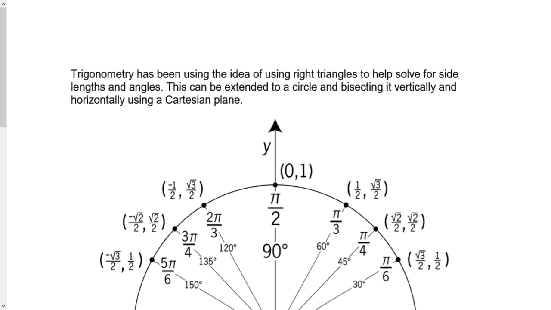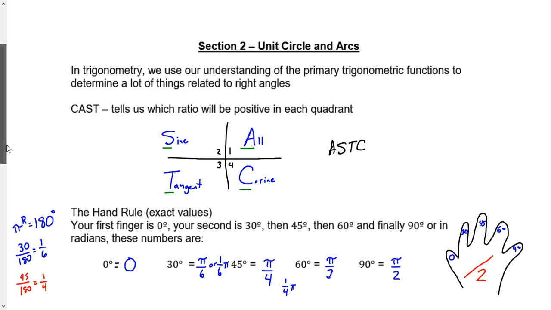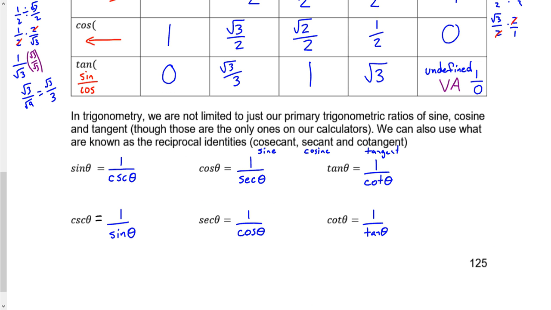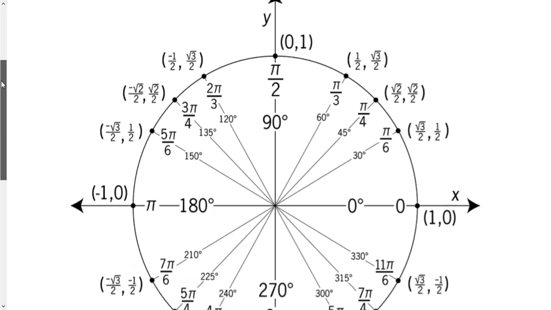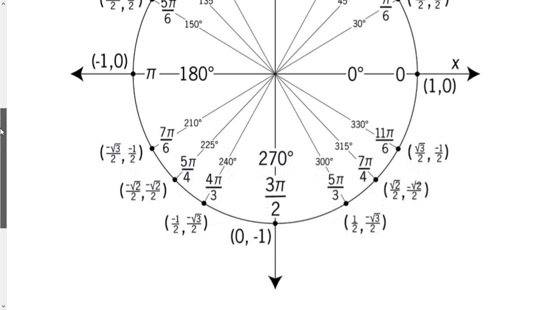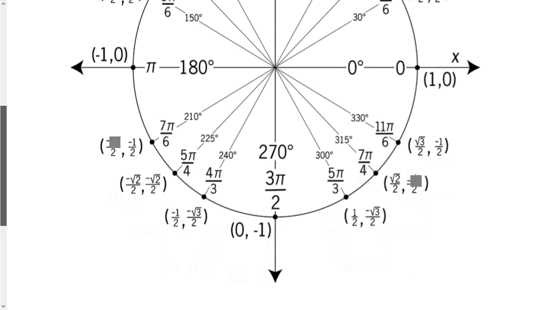Alrighty, our next page. Okay, oh, and obviously what are called the reciprocals. Now, trigonometry has been using the idea of using right triangles to help solve for side lengths and angles. This can be extended to a circle and bisecting it vertically and horizontally using the trapezoid plane. Now, I would absolutely love to try and animate this.